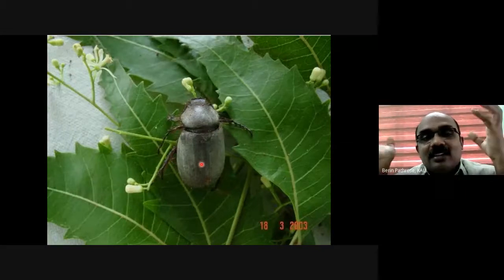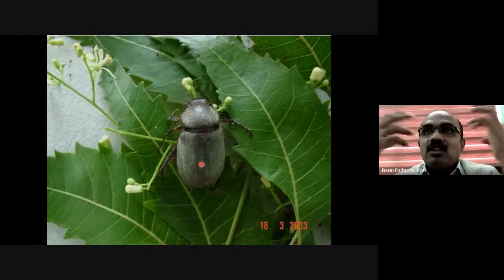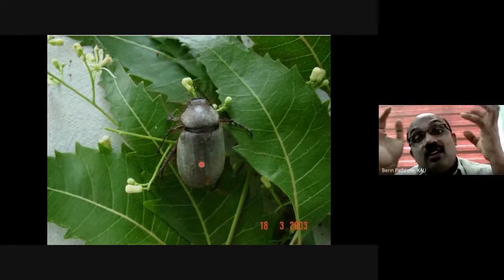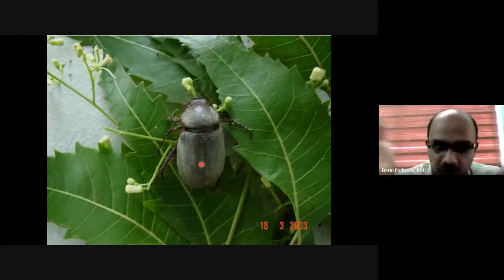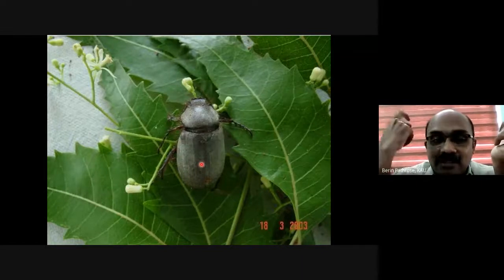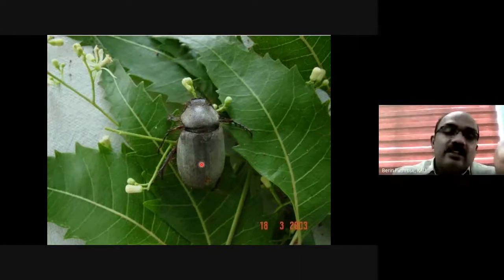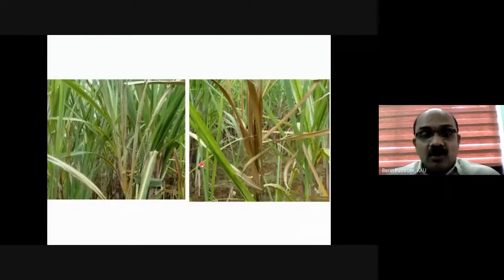So if you have a neem tree in the field, all the adults will be congregating on the neem tree immediately after the emergence. So one management strategy is to shake the neem tree and collect the adults and destroy. That is why this picture is kept, because it gets congregated on neem leaves.